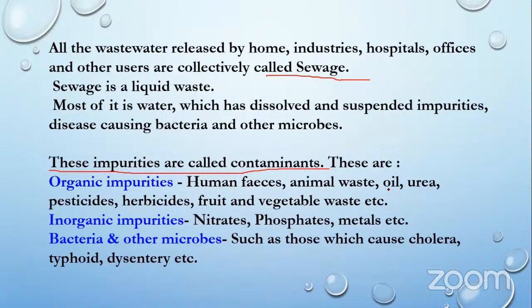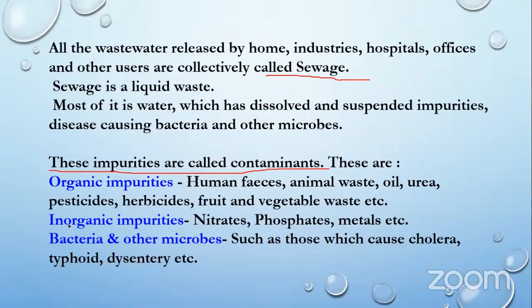So oil will also be there. Urea from agricultural water flow will be there, no? It will also mix into the river and all. So it has more urea. Pesticides, so the water coming from agriculture. It has urea, pesticides, herbicides, fruit and vegetable waste. All these come under organic impurities.